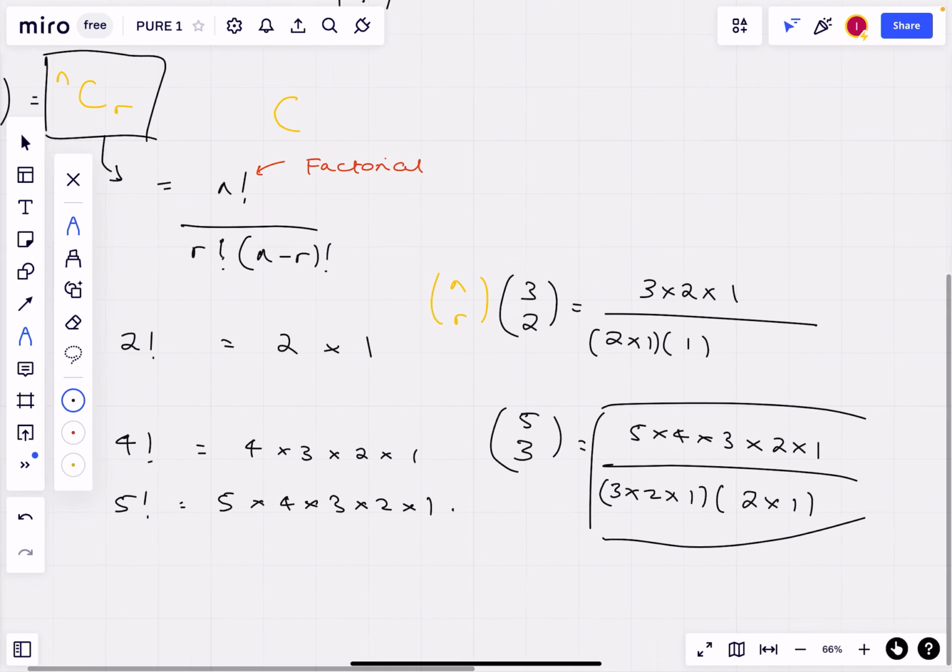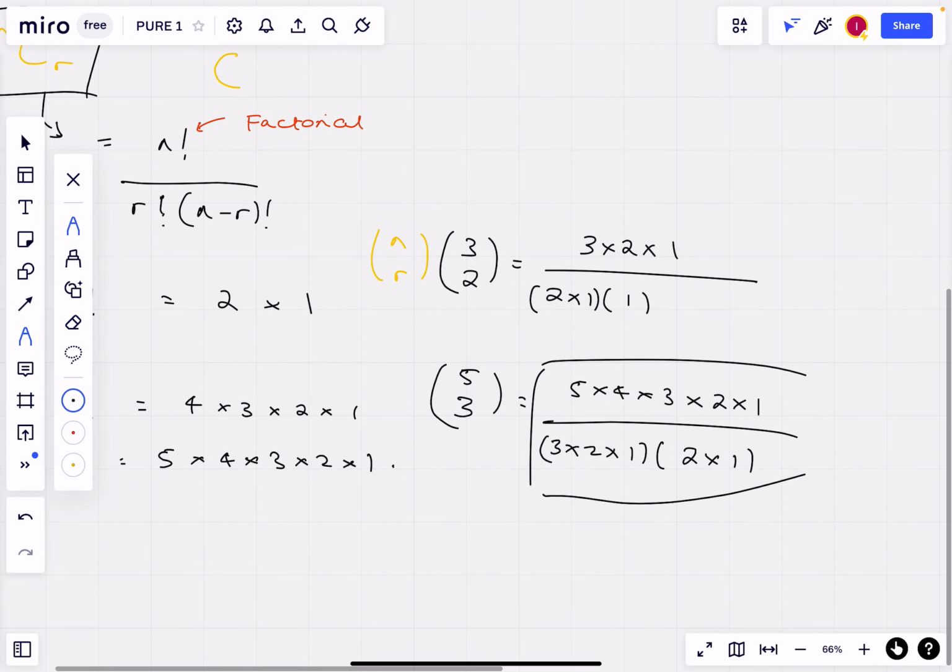So if you were to plug all of this into your calculator, it would be the same as plugging in 5C3. You would get the exact same number. Now let me show you how to do 5C3.